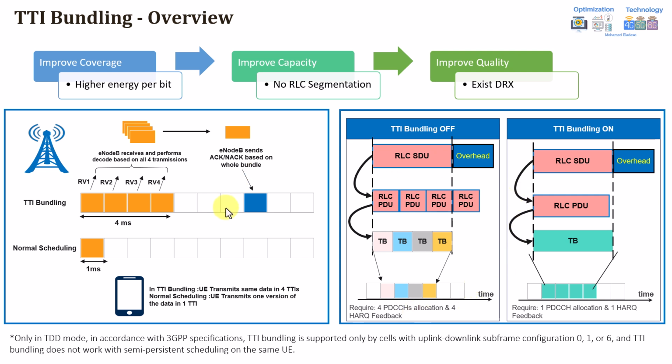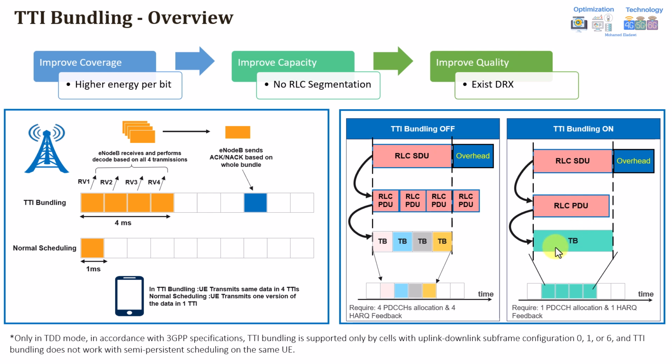But in case the TTI bundling is triggered and the eNodeB has already instructed the UE to enter the TTI bundling state, what will happen? In this case, the user knows that there is better decoding and higher energy per bit. So because he's in the TTI bundling state, he will send the complete RLC SDU, the same one, without any segmentation.